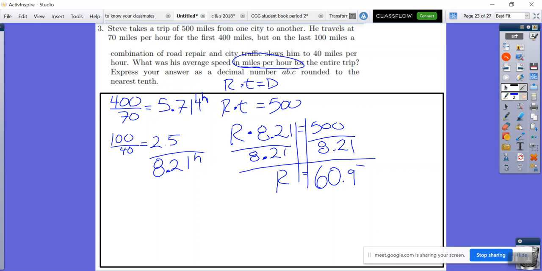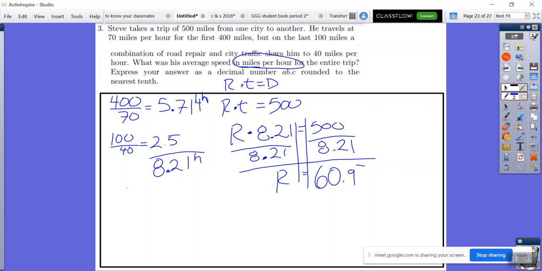Well, we know that the next 100 miles is at 40 miles an hour, so 100 divided by 40 is 2.5. And so we added the times together, so it took them a total of 8.21 hours to make that 500-mile drive. Well, we plug that into our rate times time equals distance equation for the time.